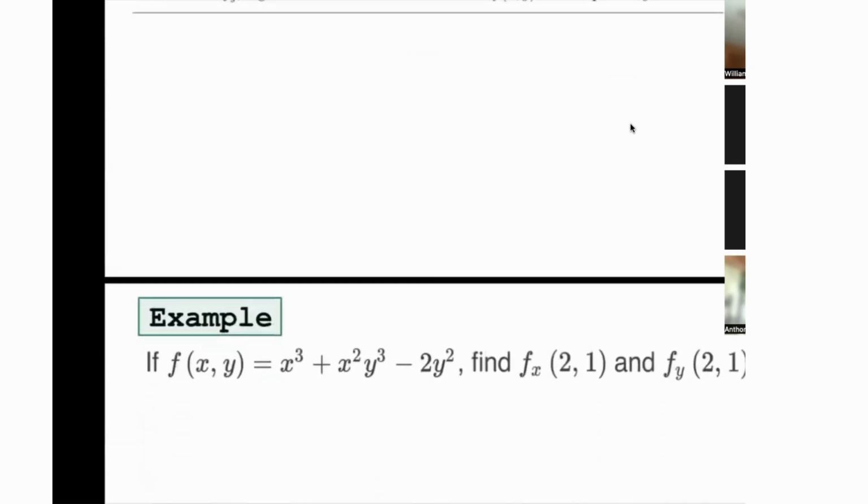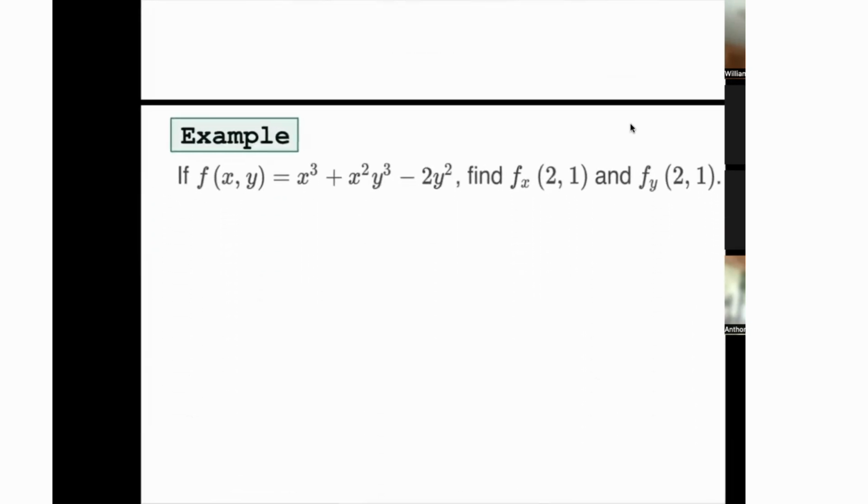Let's just do an example so that you can see that there's really not a whole lot to this. Really, to do these calculations, it just involves one idea. So here we have a function that's given explicitly in terms of x and y, and the goal is to find these two partial derivatives.